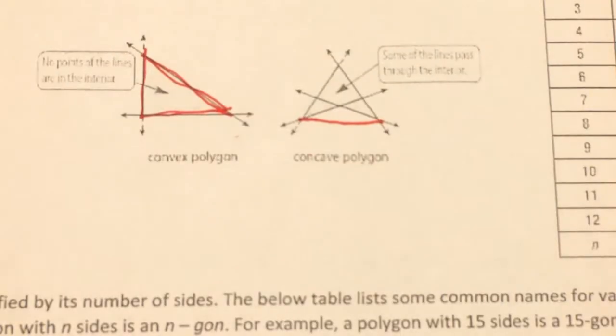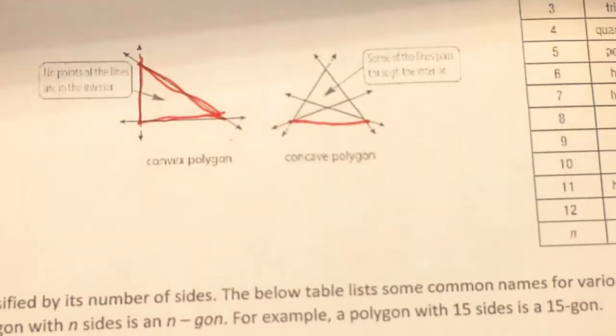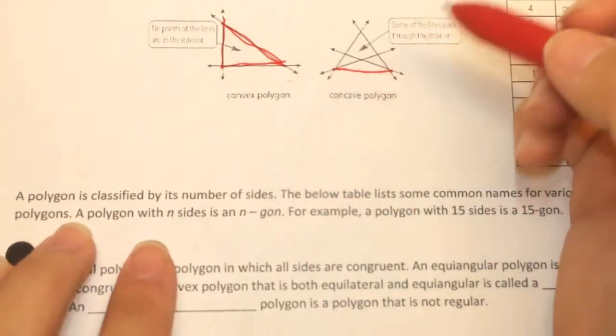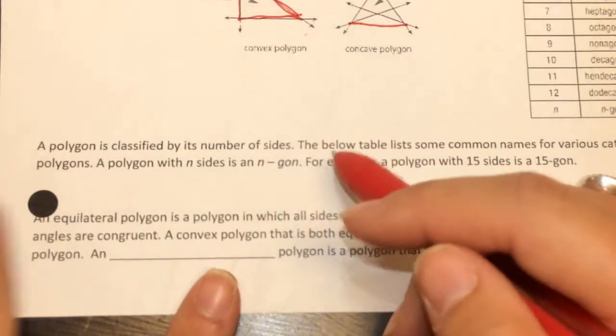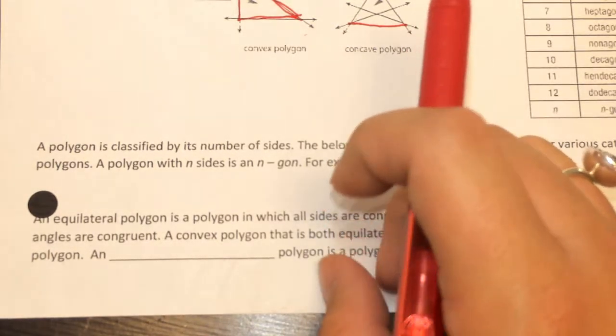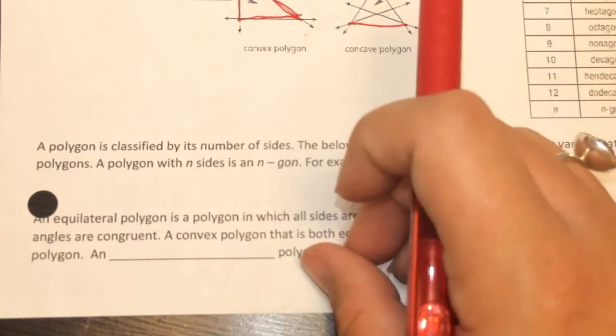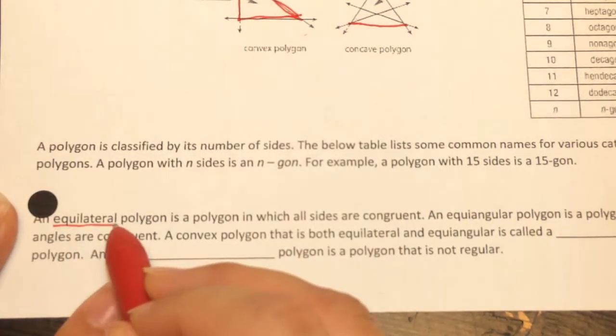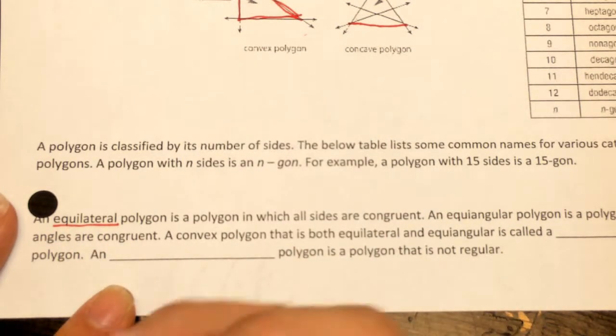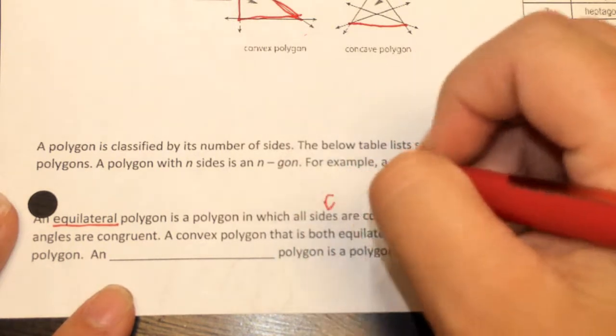So we already went through all the names of the polygons. You know that if it's more than 12, then it just becomes 15-agon, 13-agon. That's what that is saying. Then we can even break down our polygons even more. Equilateral, so highlight or underline equilateral, is when all of the sides are congruent.